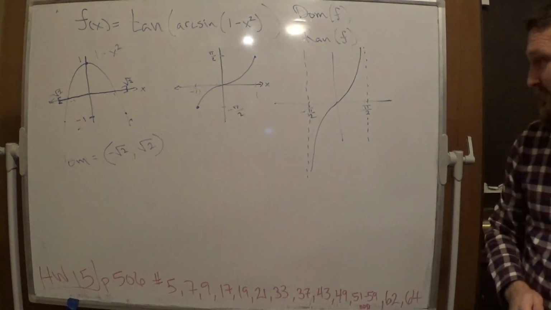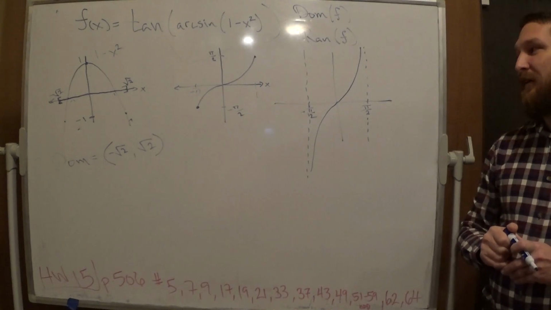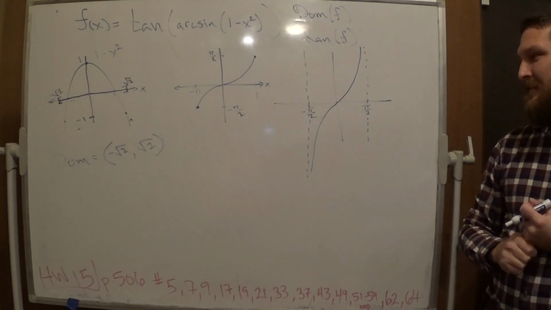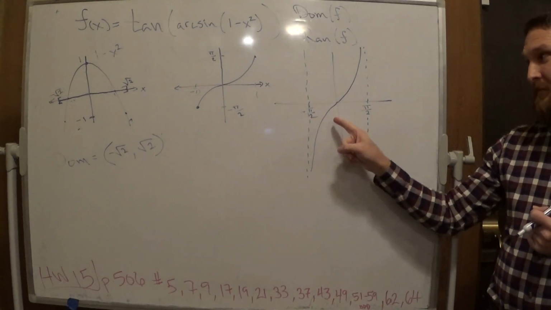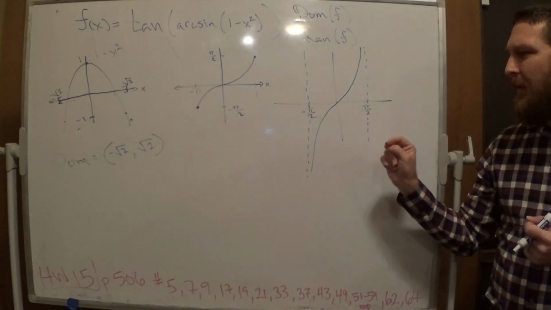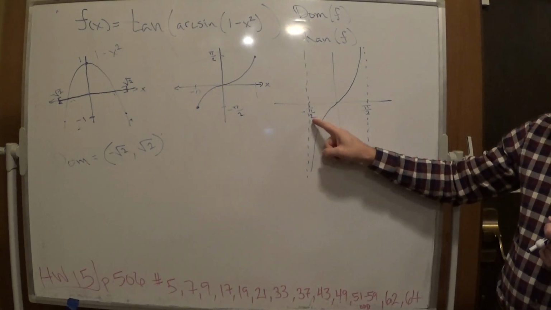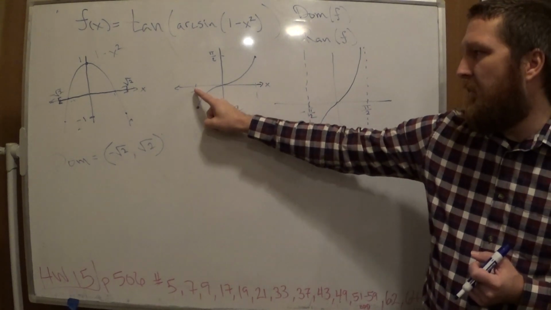Are we done? Hold it right. Where's the other part of tan that could cause problems? I mean, we did this one. Oh, how about this one? We already did that. Yeah, we did -π/2. We said -π/2 would be the output of this guy.